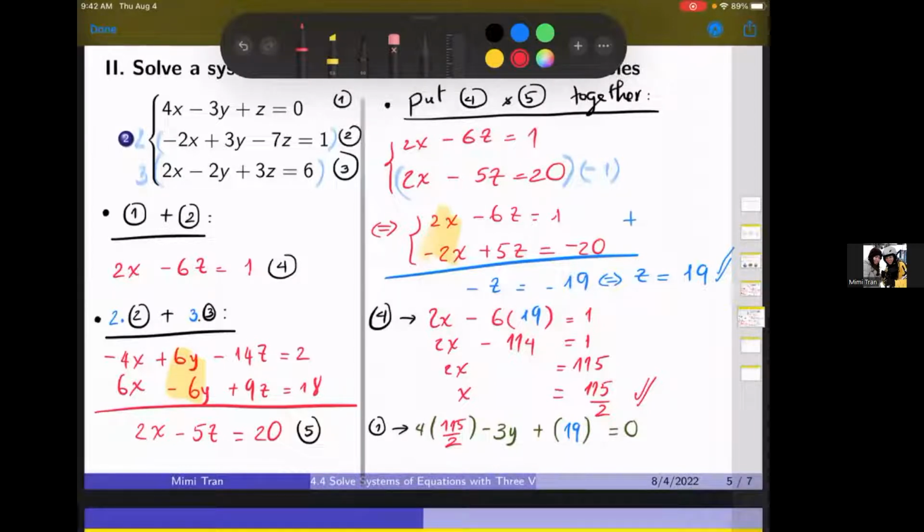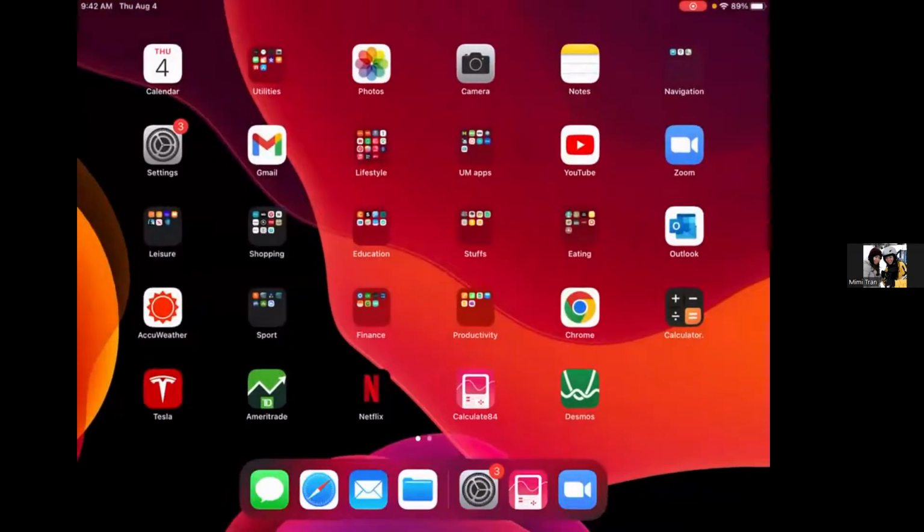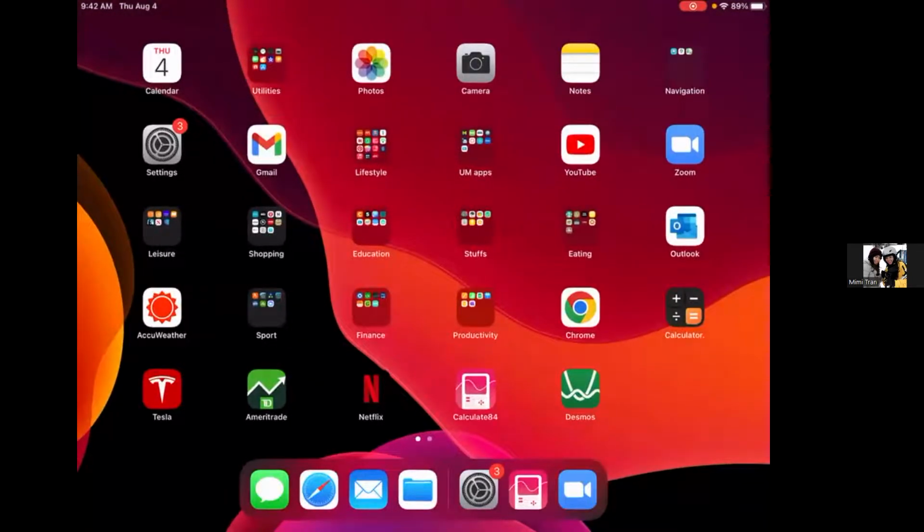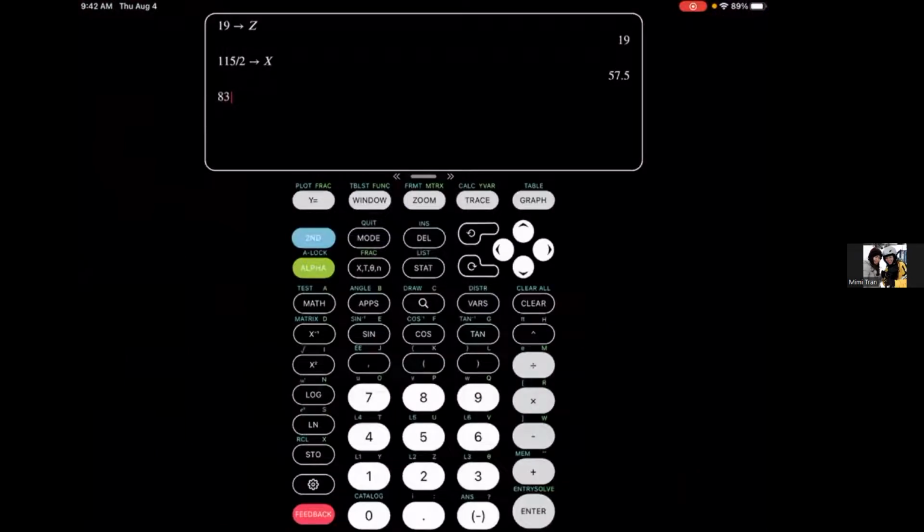Let's see. 230 plus 19, 249 divided by 3. Okay, I got y is 83. Good. Let's see. y is 83. I'm gonna go back here. So 83 is stored for y.